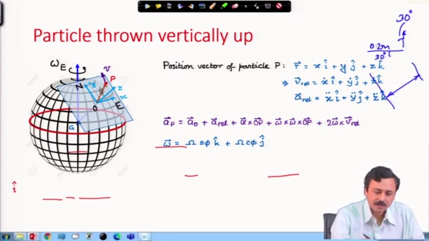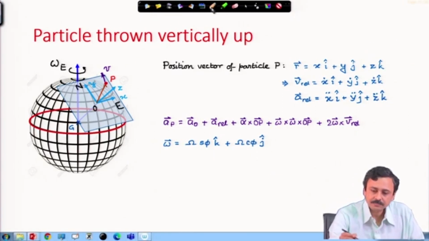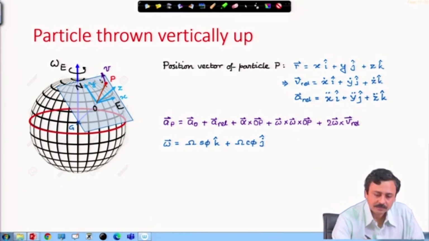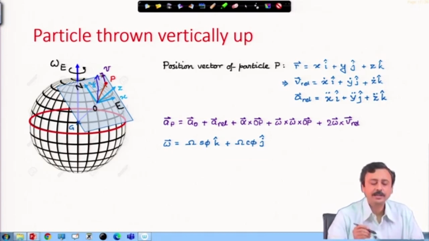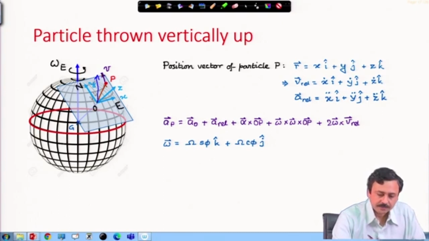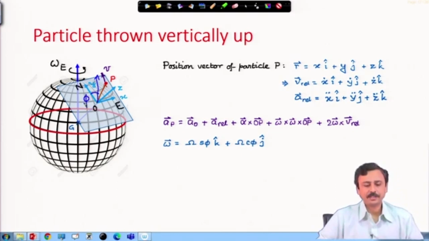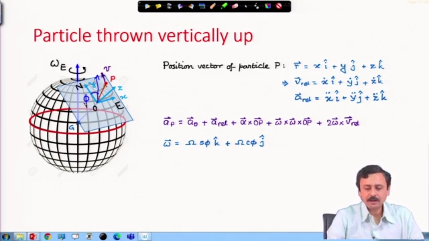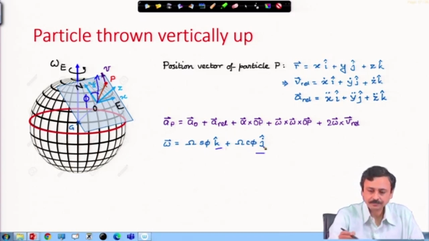You see, this is our omega direction, vertically up, and this is the angle phi, the latitude angle phi. Therefore, omega of the earth sin phi in the k cap direction and cos phi in the j cap direction.